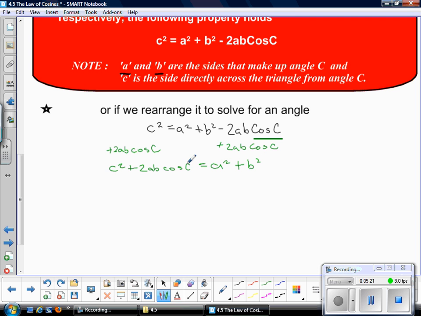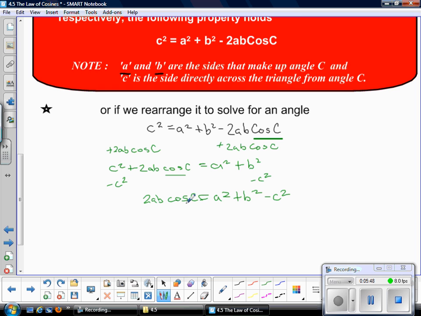Remember, I'm after cos of C by itself. So I'm going to subtract c squared from both sides. And when I do that, I end up with 2ab cos of C equals a squared plus b squared minus c squared.